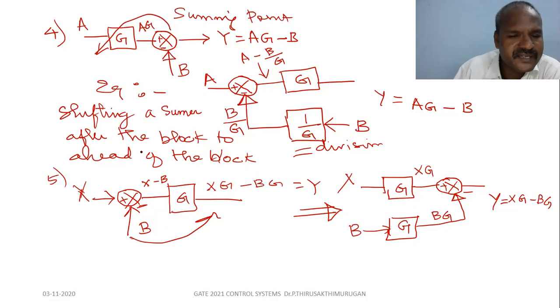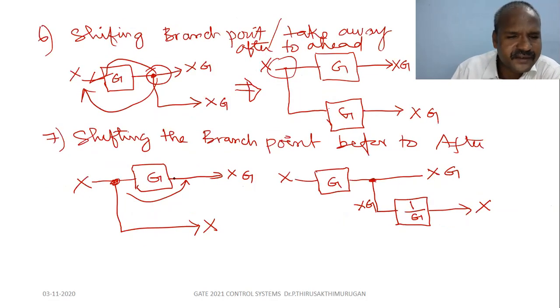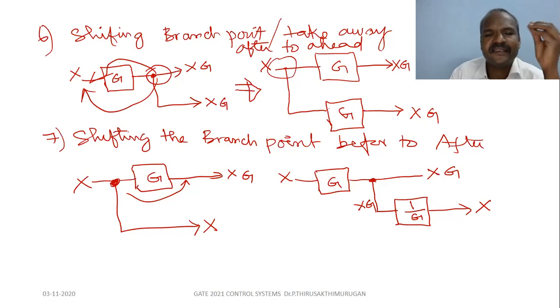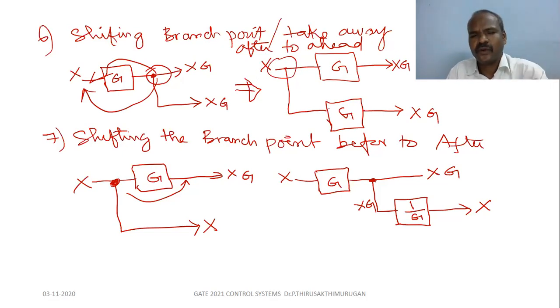Similarly, when we shift before summer to after summer, we keep the same value. Whereas, when we shift the branch point or takeaway point from before to after, we divide 1 by G. So it is a very simple way of keeping it in your mind. Okay, the easiest way of remembering the techniques. So if you understand this concept, then it is very easy.